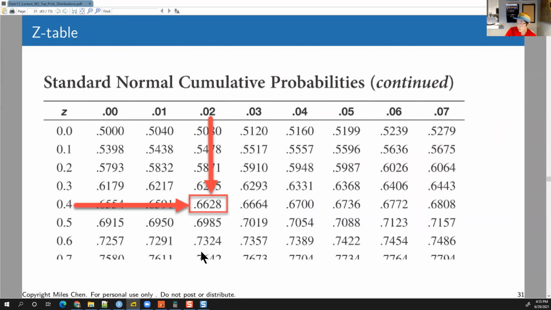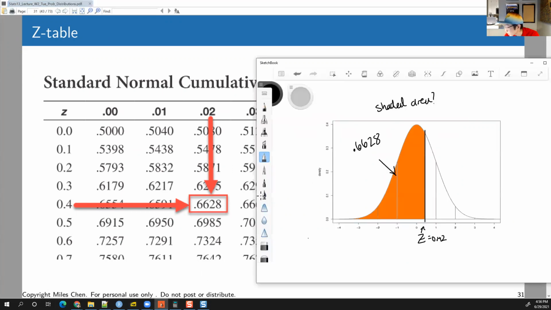This table looks a little bit different. So why do we go to column 0.02? We have z equal to 0.42, and the way the table is arranged, the tenths place is in the rows and the hundredths place is in the columns.